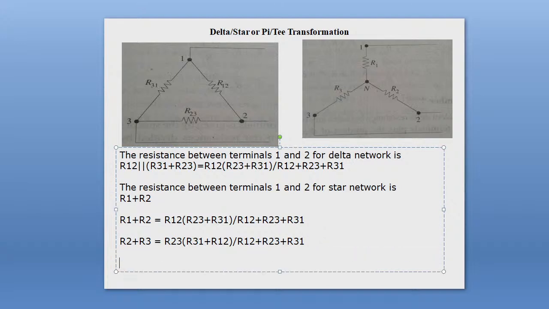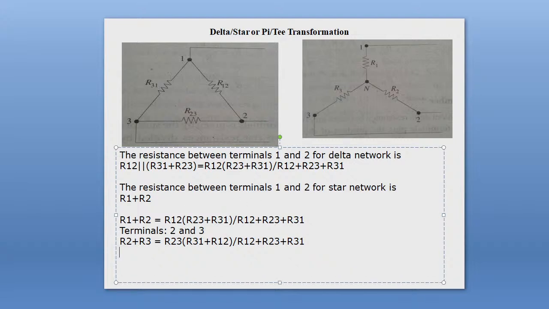For terminals 3 and 1, everyone write the resistance between terminals of the star network, and this was for terminals 2 and 3. And the final one, you write yourself, for terminals 3 and 1.